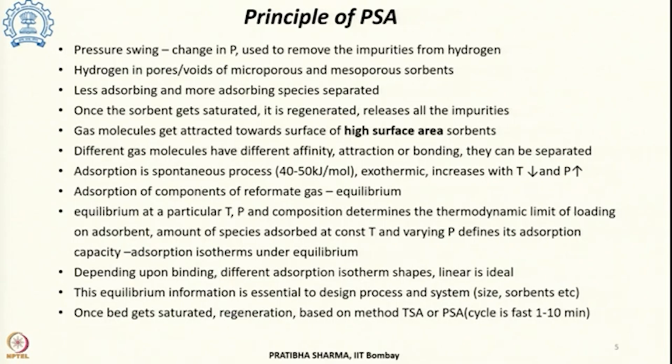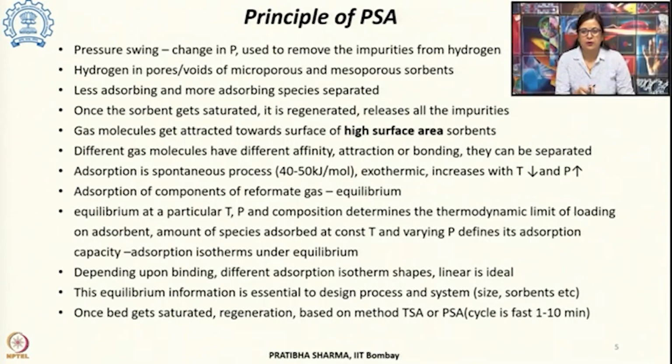So in short it can be written as PSA, pressure swing adsorption. The name itself suggests that when the pressure is changed, because of that the impurities or contaminants can be adsorbed or desorbed subject to the change in pressure, and as such we can get pure hydrogen in the process.